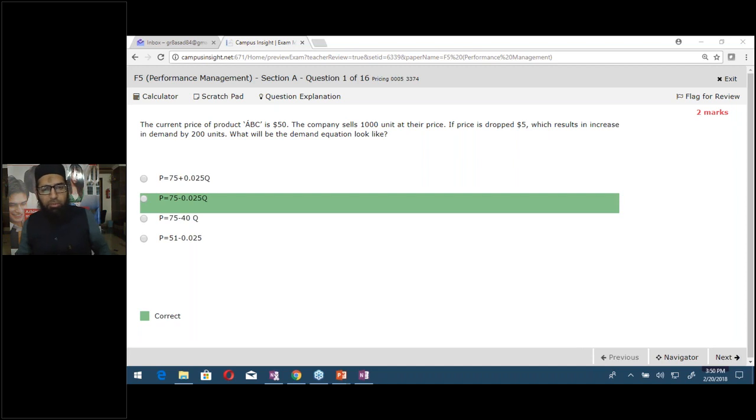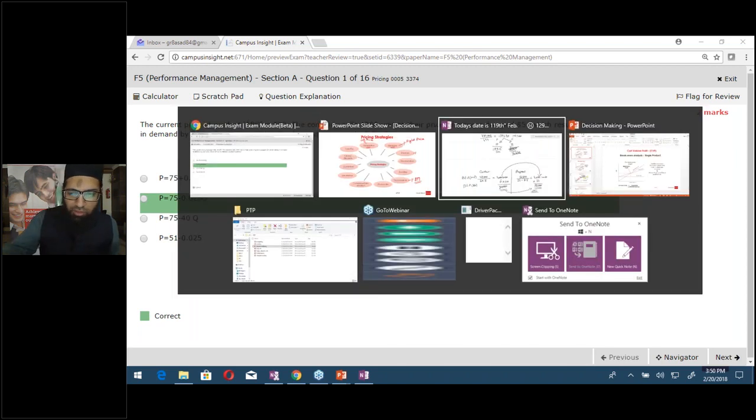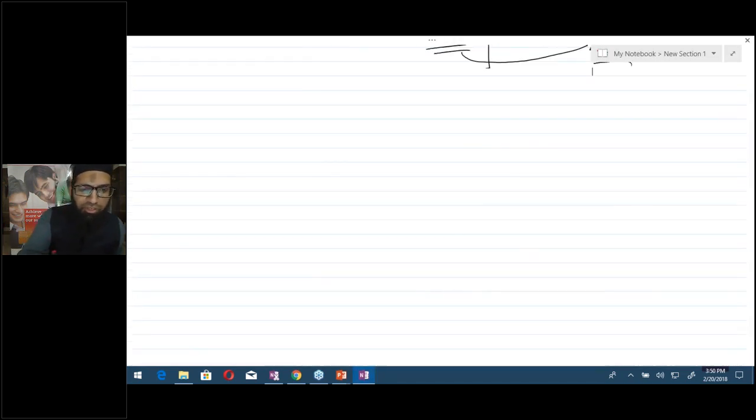First of all, I will be calculating B, and the formula for B is change in price divided by change in quantity. The change in price as stated in the question is $5 and the change in quantity is 200. So the value of B will be 5 divided by 200. It is 0.025.